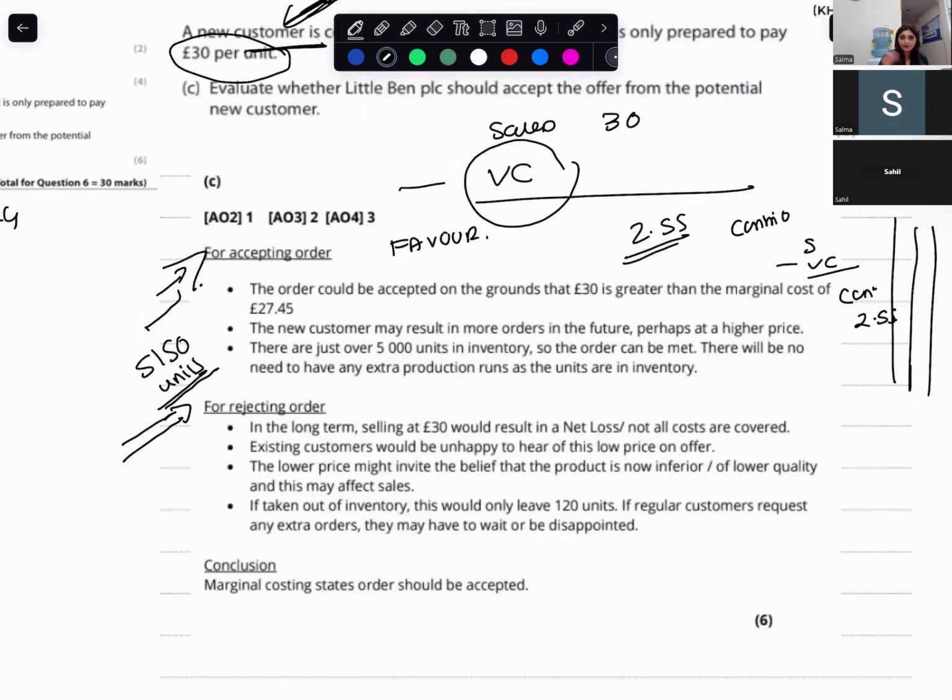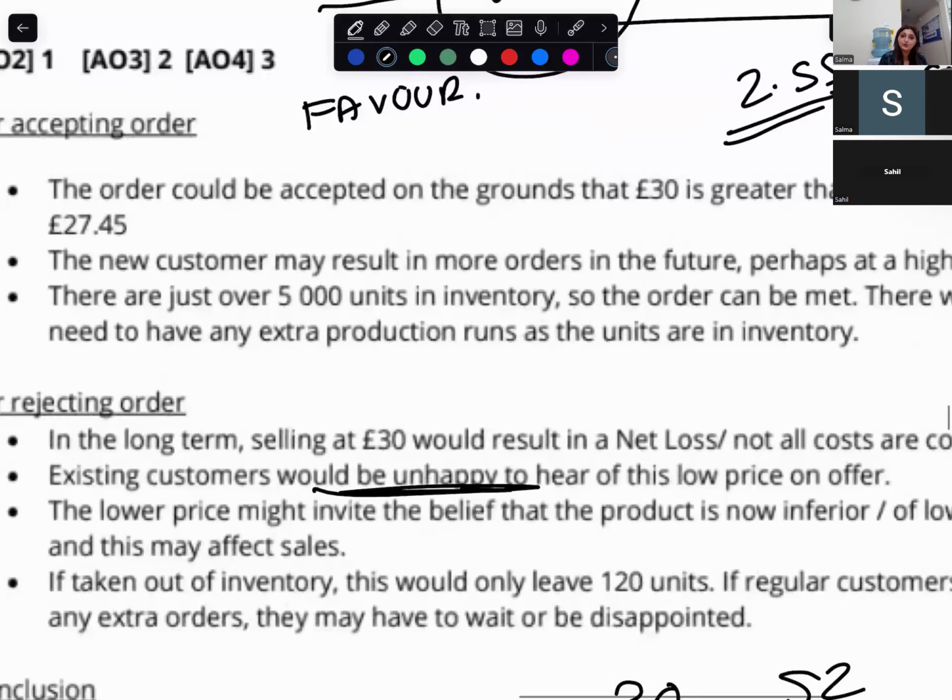Now let's talk about points for rejecting the order. If I sell the product at 30 where my normal selling price is 52, I am only recovering variable cost, fixed element is not yet recovered. Existing customers will be unhappy to hear that I'm giving low price to somebody new.